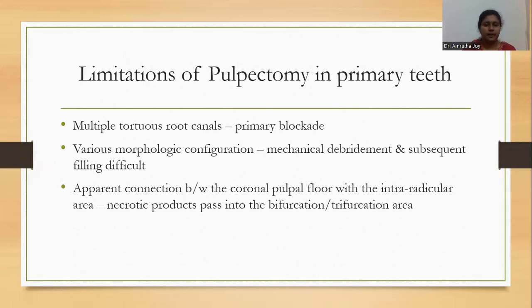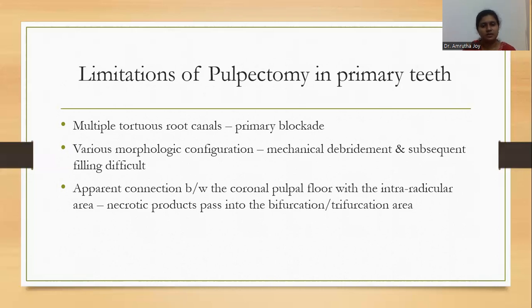And various morphologic configurations of the canal or curvature of the canal limit the mechanical debridement and filling of the root canal. And there are so many accessory canals present at the floor of the pulp chamber that directly connect it to the furcal area, that is the intraradicular area, and that leads to transfer of necrotic and toxic products into the bifurcation or trifurcation area.